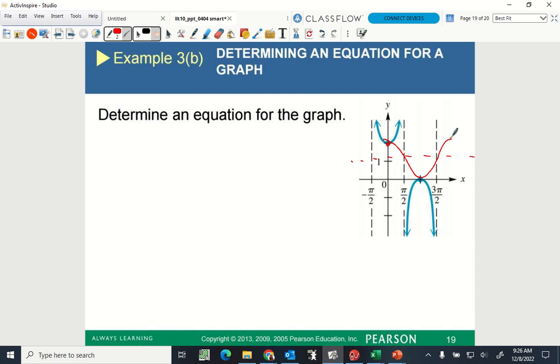Not a phase shift. I said start at 0, right? So at 0, cosine would start with the amplitude, or the 1. But this one right here, what does it have?